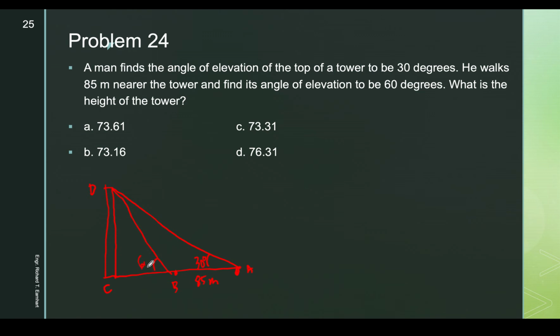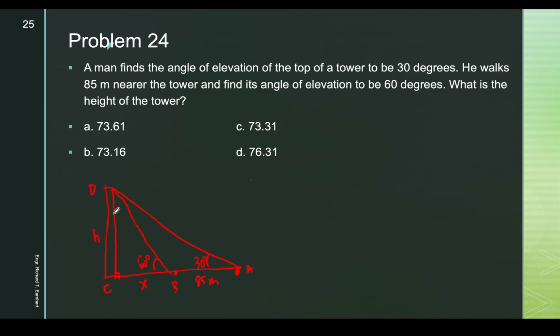Okay, so let this be X. Now take note that we assume that the tower is vertical and it makes a right angle, no, with the eye level of the man. So we're asked to find the height of the tower. Say that is letter H.